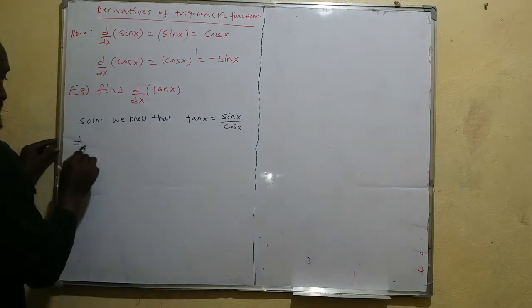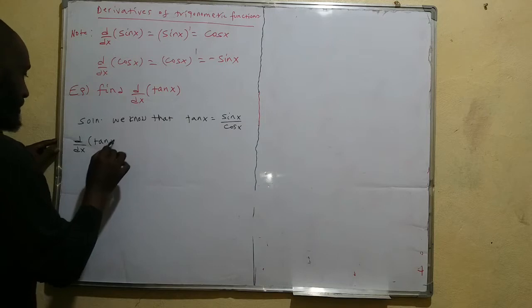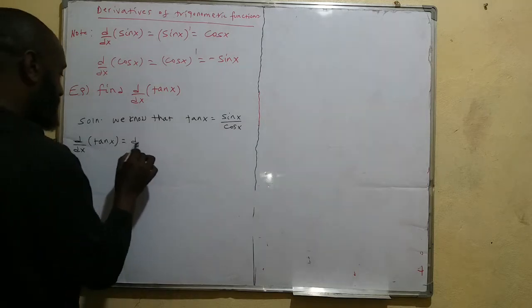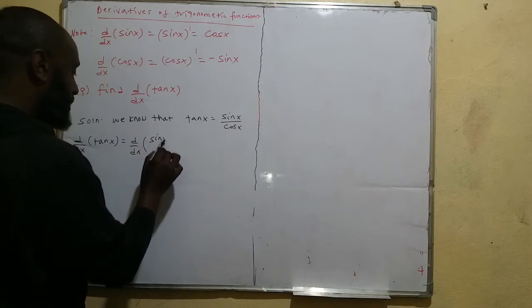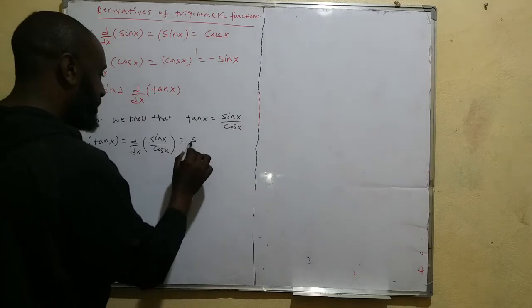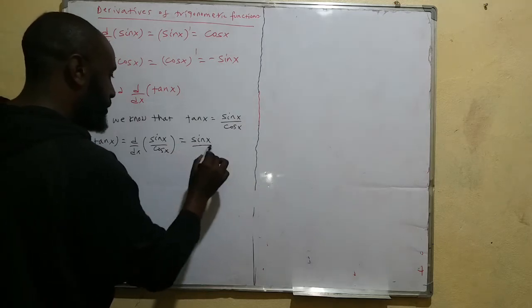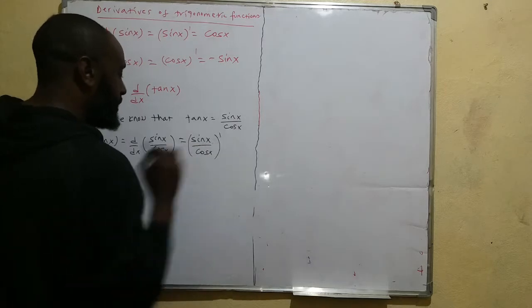Hence, d by dx of tan x is nothing but d by dx of sin x over cos x, the whole derivative.